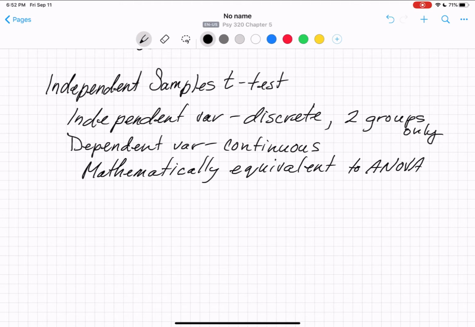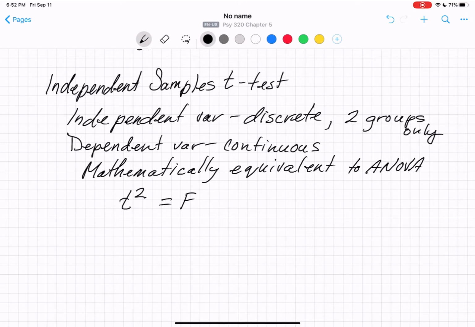It's not exactly equal, so here's the relationship. So t squared equals f. All right, so you're going to see later here, I'm going to calculate our t value, and we're going to use the same data I used in that complete example I did for ANOVA. And we're going to check and see if we square our t, does it equal the f I calculated previously, okay?